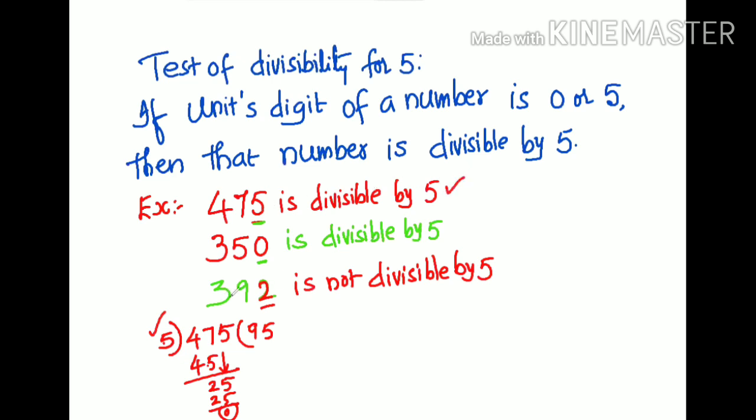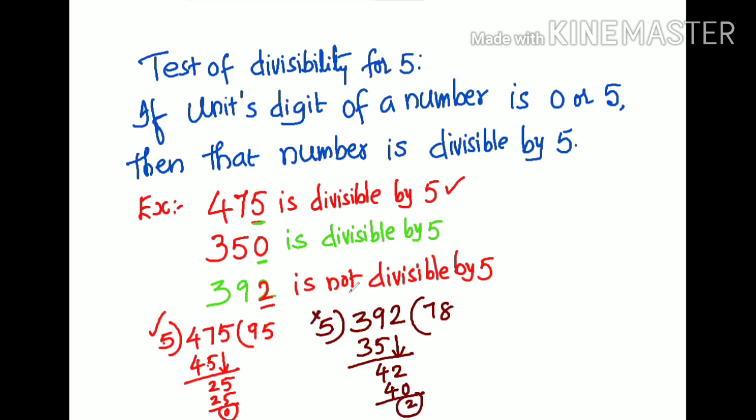Let us take this number 392. Divide by 5. 5 7s are 35. Remainder 4. Bring down 2. 5 8s are 40. Remainder 2. So not divisible. 5 does not divide.